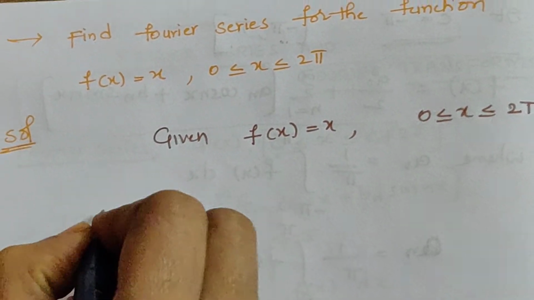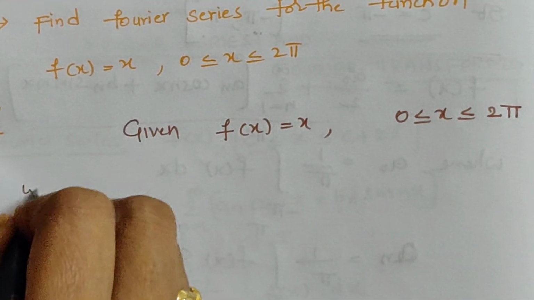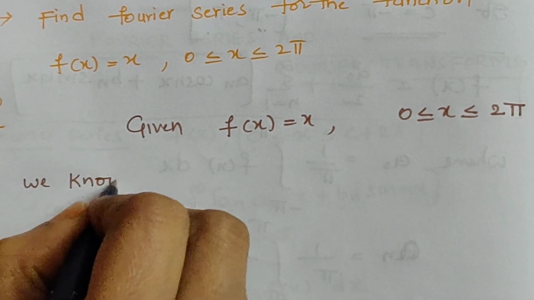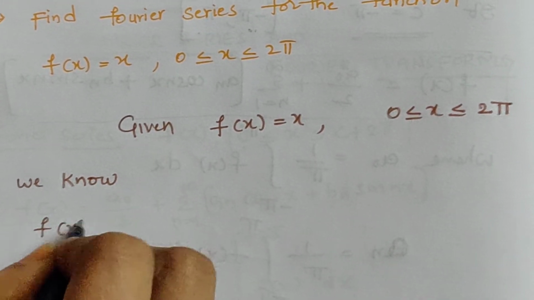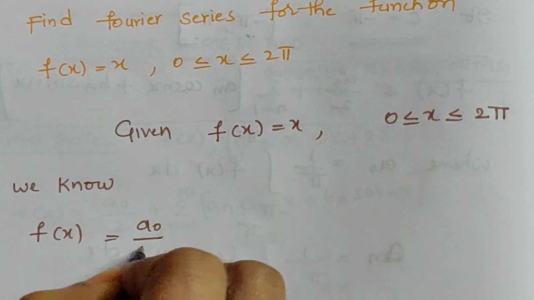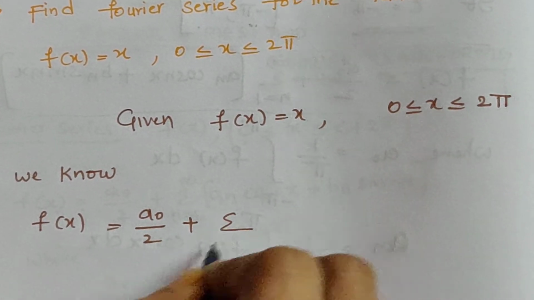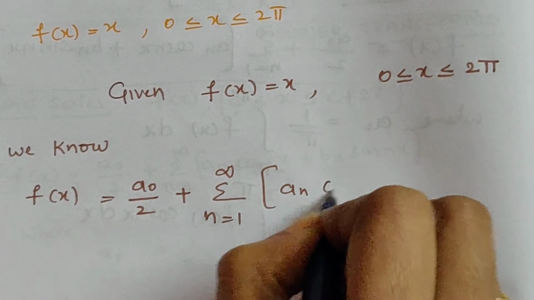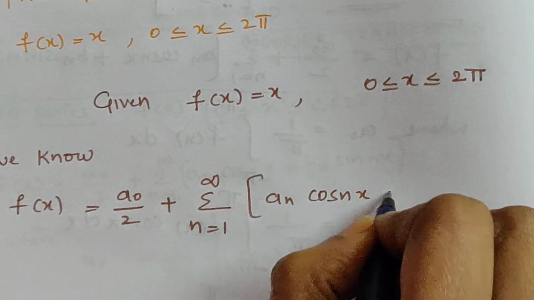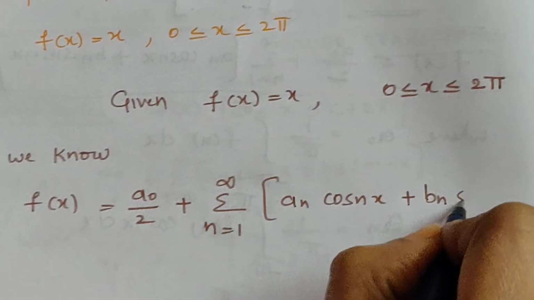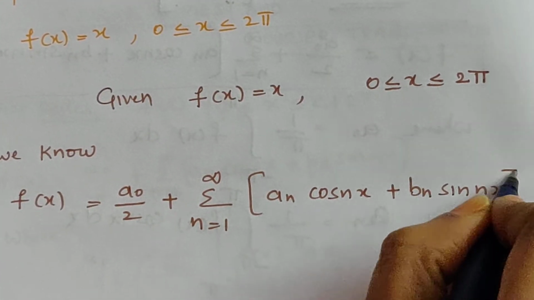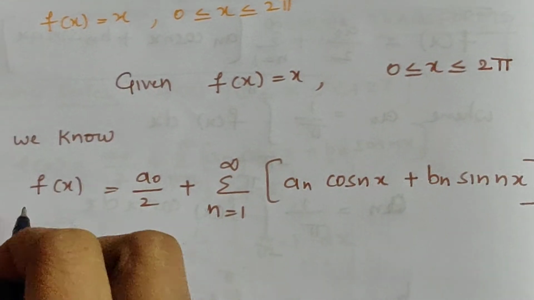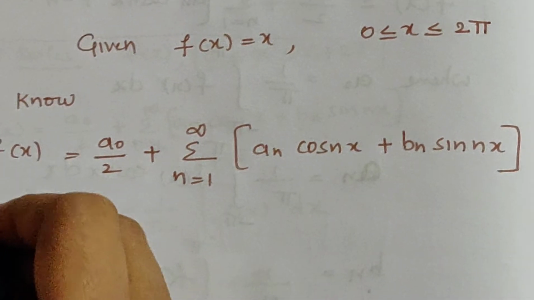The Fourier series formula, we know, is given by f(x) = a0/2 + Σ from n = 1 to infinity of (an cos nx + bn sin nx). This is the Fourier series expansion of the function f(x).